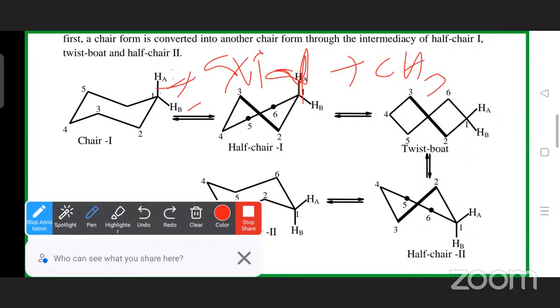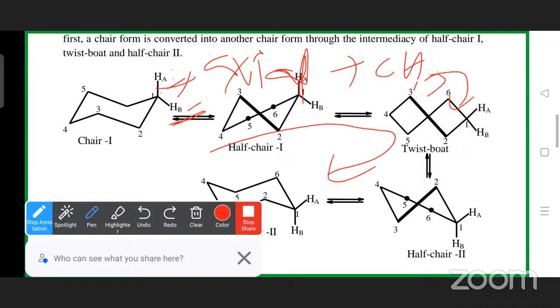So you bring that bulky methyl group into equatorial. To bring that axial bulky methyl group into equatorial, you have to come via this conversion.